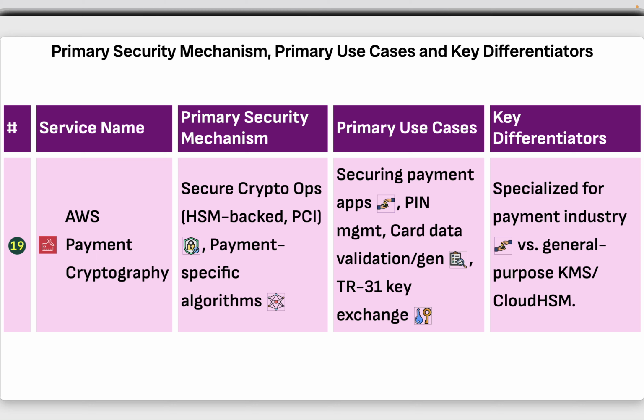Key differentiators are specialized for the payment industry versus general purpose KMS or CloudHSM. PIN is personal identification number, and TR31 is the ANSI X9.143 interoperable secure key exchange key block specification. So it's a very specific protocol or format specific to payment cryptography.